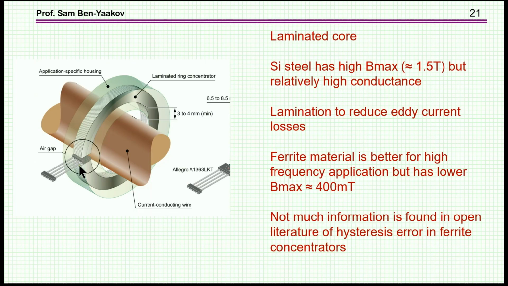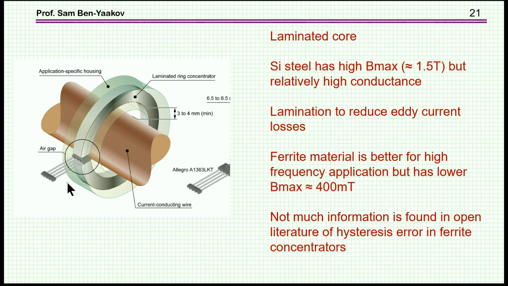I've mentioned earlier that in some cases people have been using laminated cores, and the reason for that is first of all, or the main reason I should say, that the Bmax of this laminated material used for low frequency transformer, for the same reason, is that the Bmax is 1.5 up to 2 Tesla, which is very high.